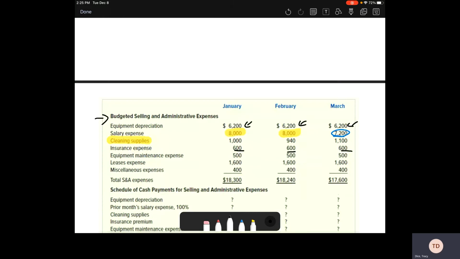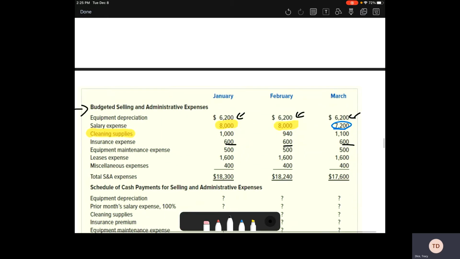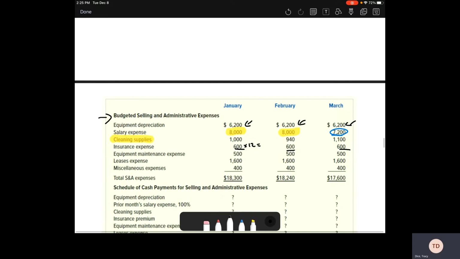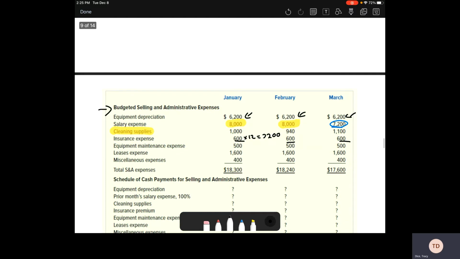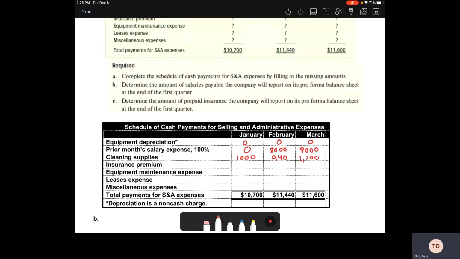So if we allocated $600 per month, but remember it's a 12-month contract, so we need to take that 600 times 12, and that gives us $7,200. So that's what we paid in January, because remember, we're paying the whole thing off in January. Even though we allocate it over 12 months, we're paying it in advance. That means we paid it all in January, and we have zero to pay in February and March.